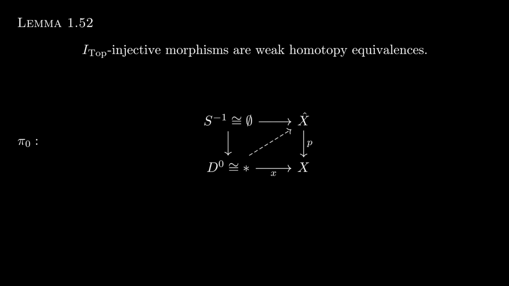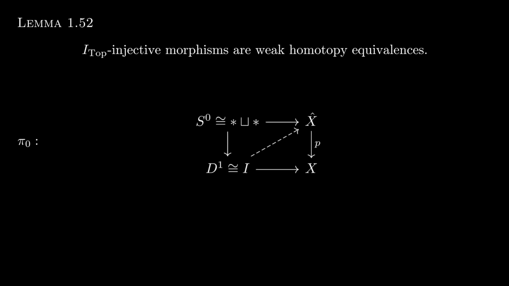Well, the bottom map, which is a map with domain a single point, just defines a point in X, and if every such map lifts, then we automatically get that P is surjective, since we can always lift to a point in X hat that maps to X under P. If n equals 1, we see that 2 points being connected in X means there is a map from D1, which is isomorphic to I, with each point as the endpoint of its image, so kind of like a path connecting them.